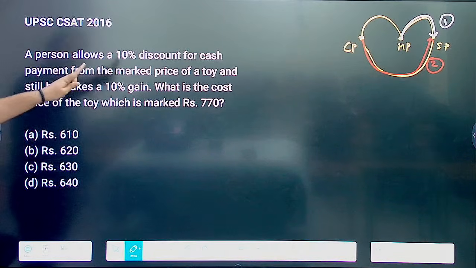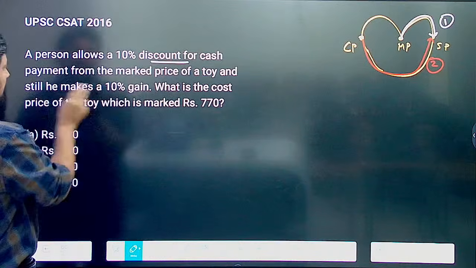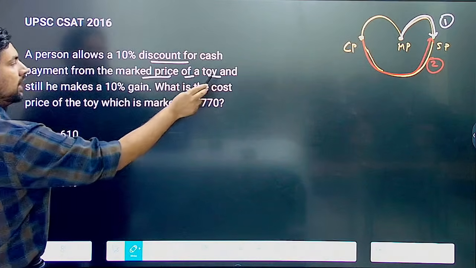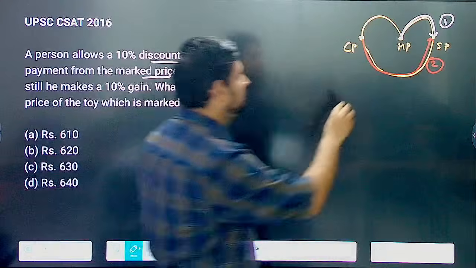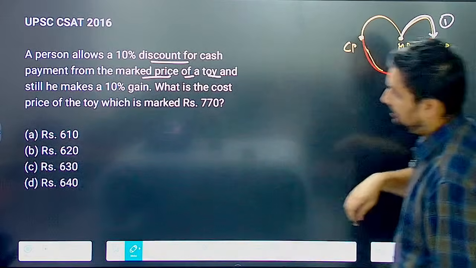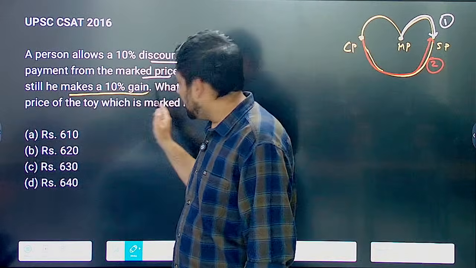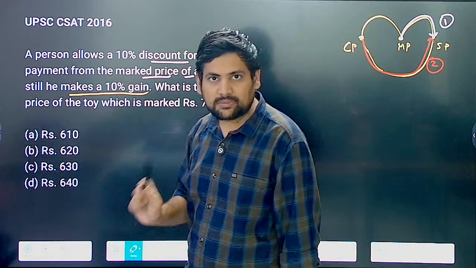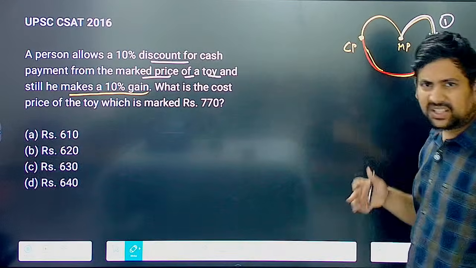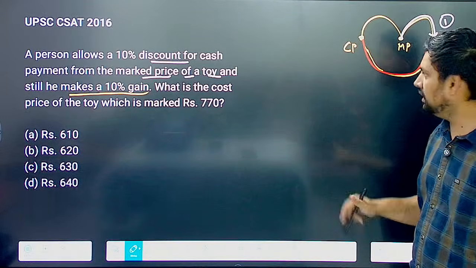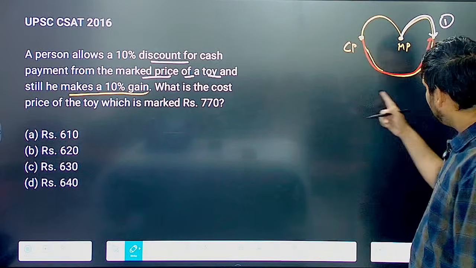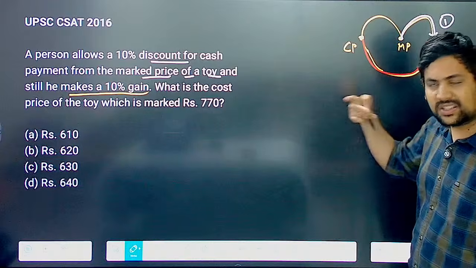It says a person allows a 10% discount for cash payment from the marked price of a toy. So that means this is the first movement from marked price to selling price. Then still he makes a 10% gain. Gain percent or loss percent, gain is like profit percent, is always from CP. So you go from CP to SP. This is the second flow.